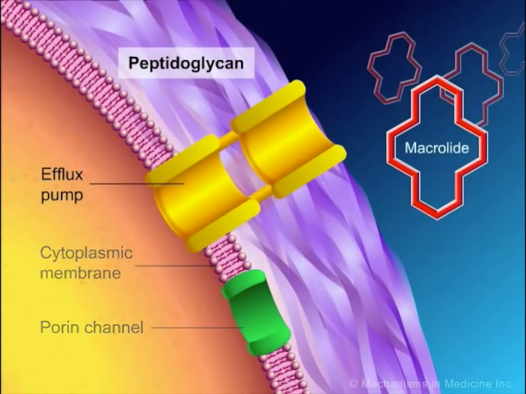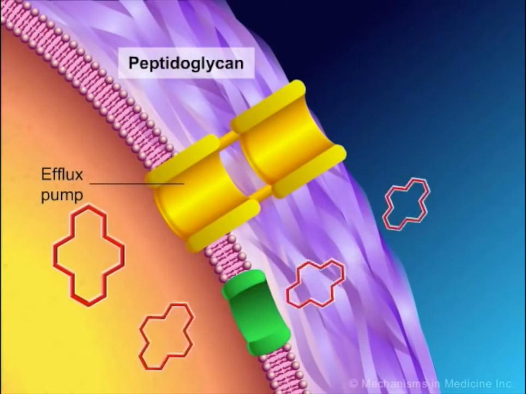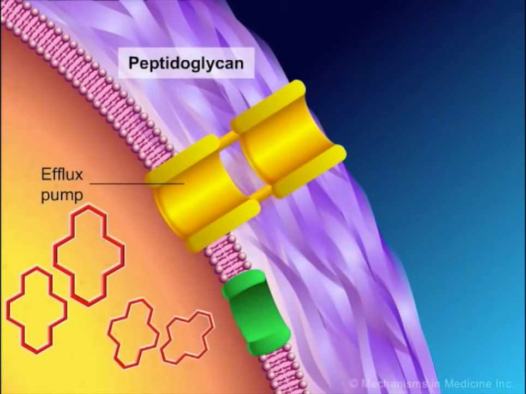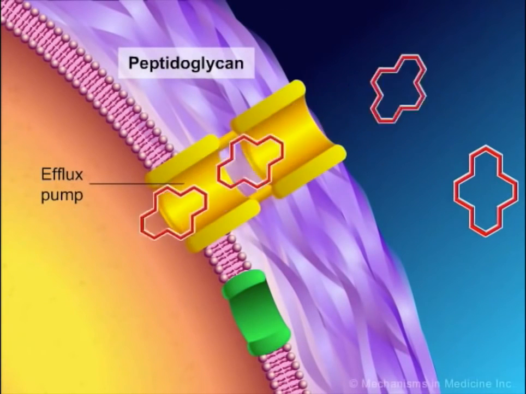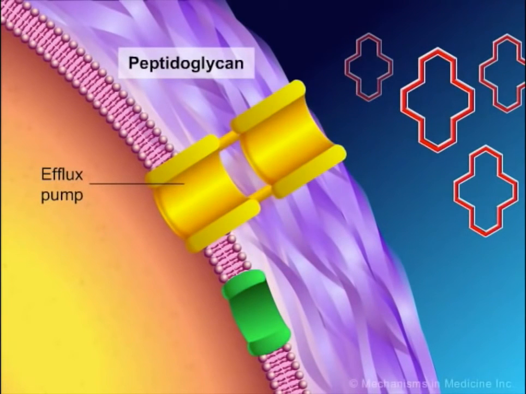Despite the presence of these efflux pumps, macrolide antibiotics continue to enter the bacteria. However, once inside the cytoplasm of the bacteria, these efflux pumps actively remove the macrolide antibiotics before they have a chance to reach their target, the 50S ribosomal subunit, and bacterial protein synthesis is unaffected.